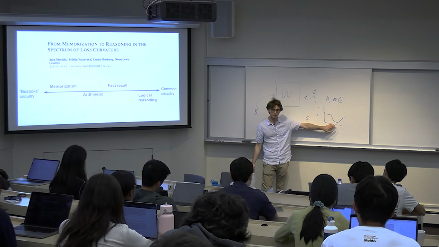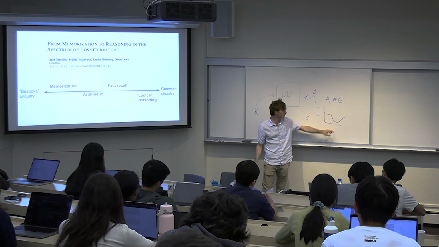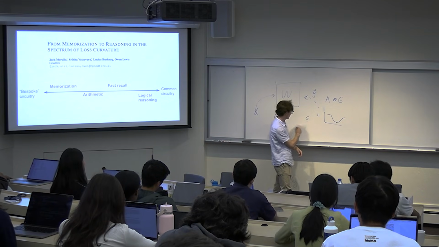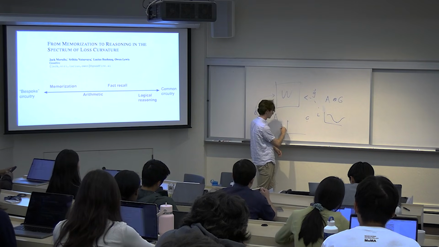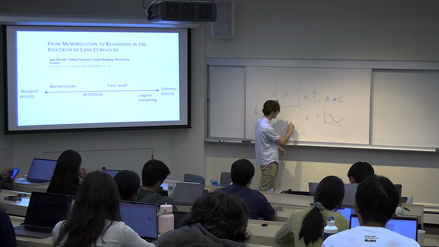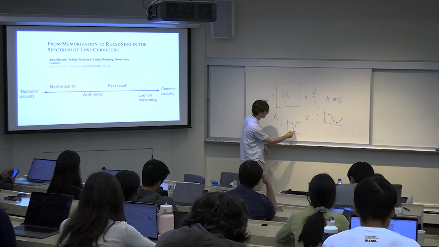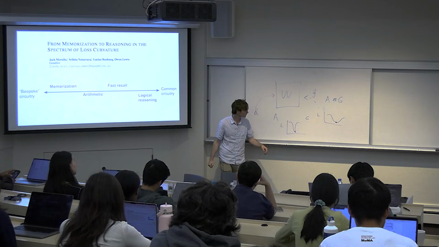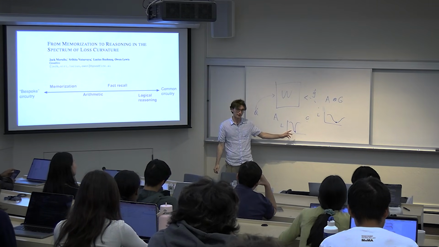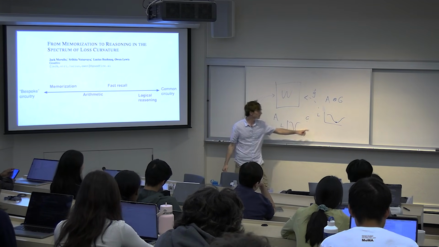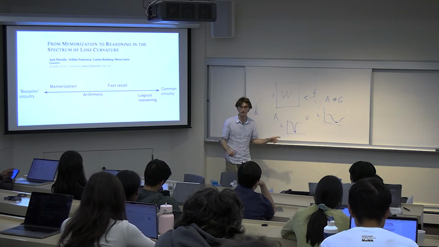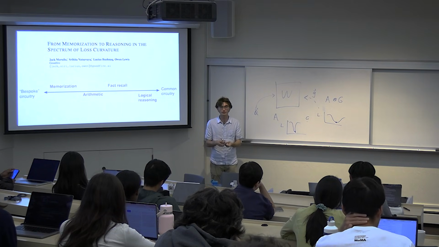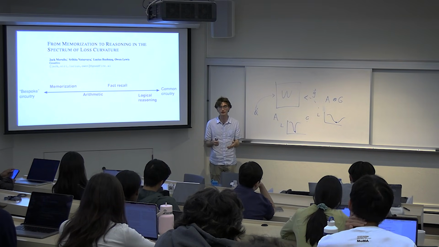The loss curvature basically tells us how flat this basin here is versus here, right? Sorry, this isn't very big. The idea here is that how sharp or flat the loss is in some direction can tell you something about whether this is a memorized data point or not.